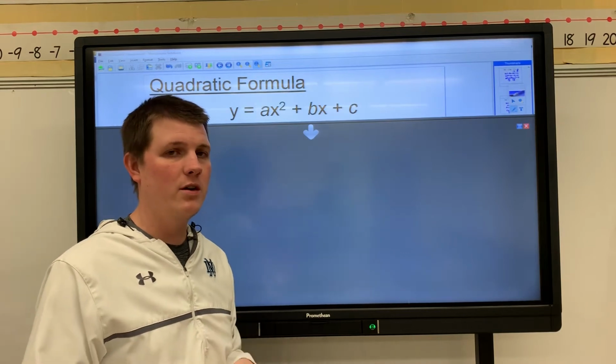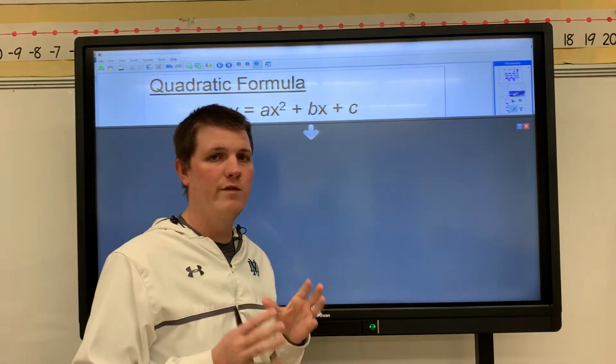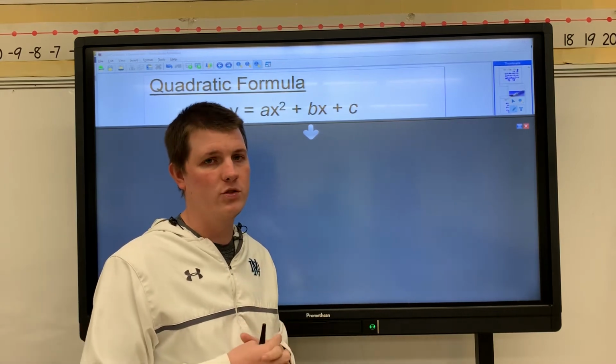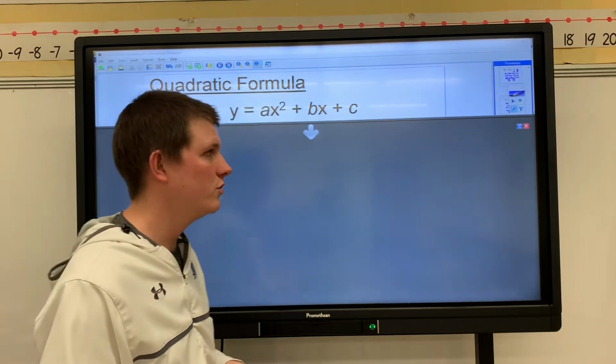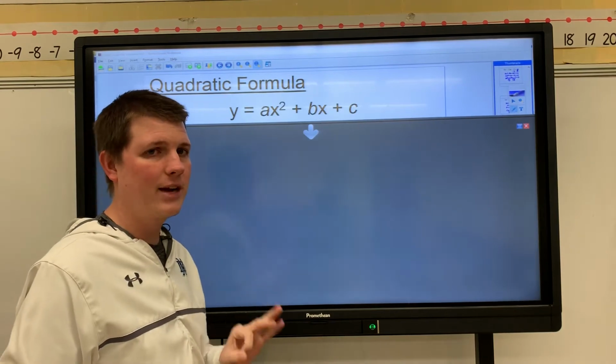We always have to be able to identify our a, b, and c. Once we know our a, b, and c, we are then going to plug them into what we call the quadratic formula. And then it just works itself out, and it will pop out our answers for the roots for our quadratic function. So here's the formula. It's going to look a lot more complicated than it actually is.